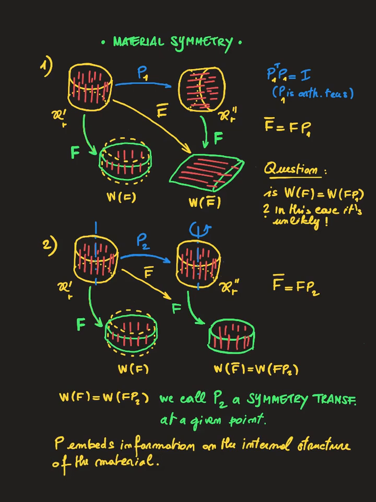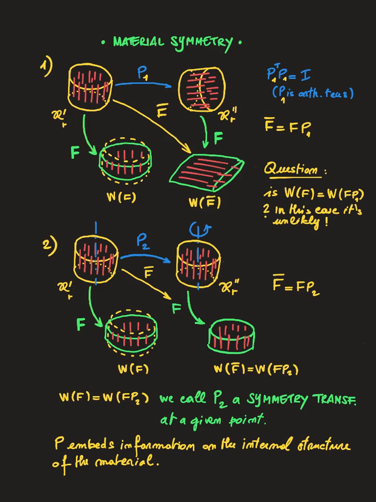The two concepts are deceivingly related, but objectivity corresponds to a rotation of the current configuration, so it's a rotation taking place after the experiment. But when you talk about material symmetry, it's before. So it's a rotation taking place before. Keep it in mind, and we will go back into these details.